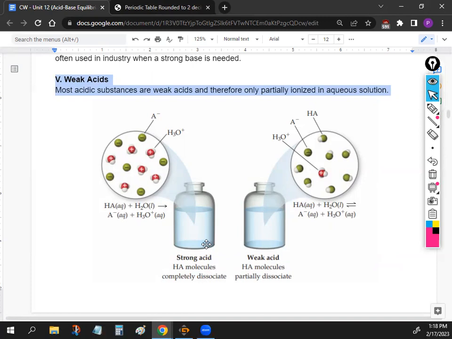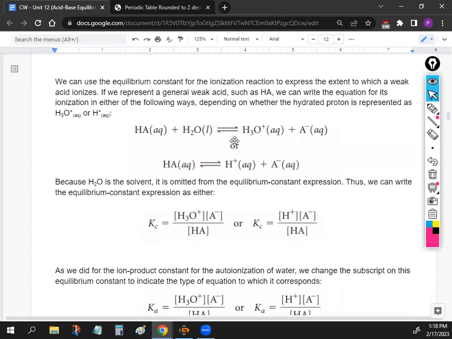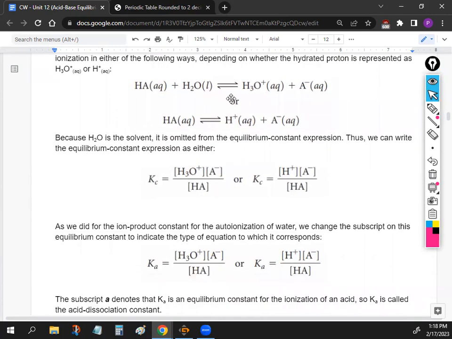This makes the math a little more confusing, because we can't just use the mole ratios anymore, since they don't completely dissociate. Not all of the acid molecules break apart, only some of them do. If we write that as a chemical equation, this is why it's called equilibria: we have a reversible reaction.